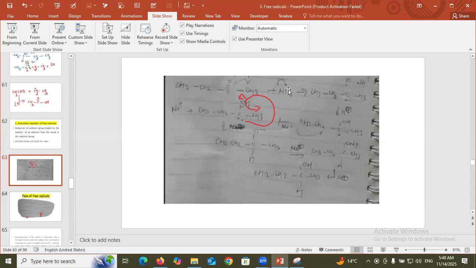This is the mechanism, and sodium transfers this electron, and this sodium and this hydrogen abstracts from this hydroxide free radical. Again, this sodium transfers an electron, and abstracts this hydrogen and this oxide and produces sodium oxide, and removes this hydrogen and gives the alcohol.